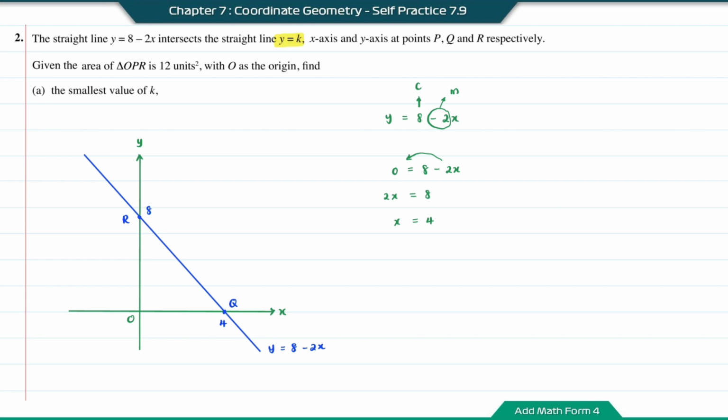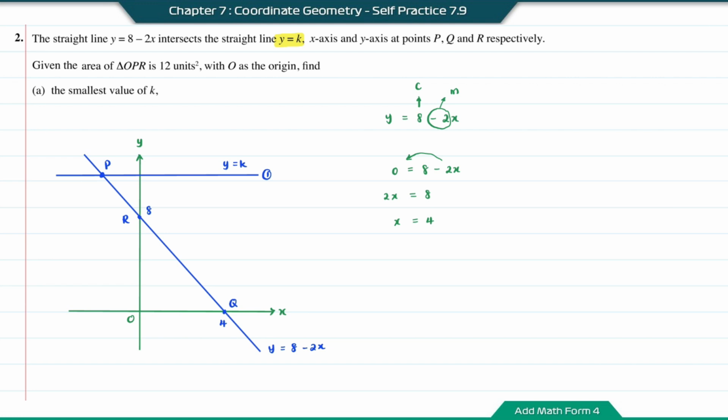As for the straight line y equal to k, this will be a horizontal straight line. So there are two possible positions for the straight line y equal to k. The first one is when the line y equal to k is above the point R. Then the intersection point between the two straight lines, which is P here, will be on the left-hand side of the y-axis.